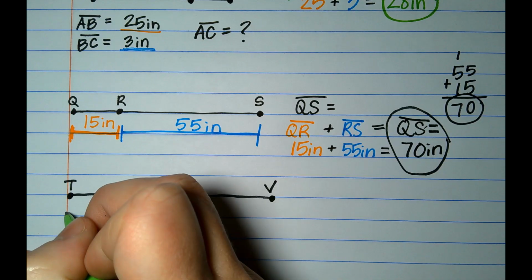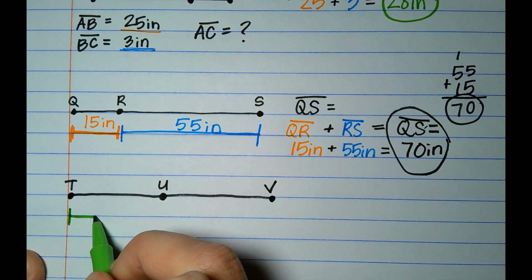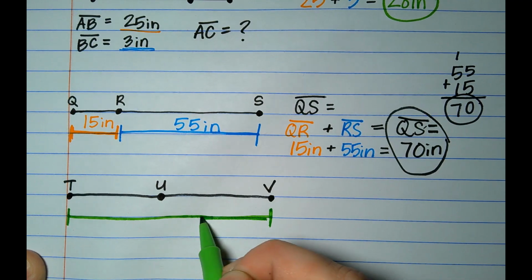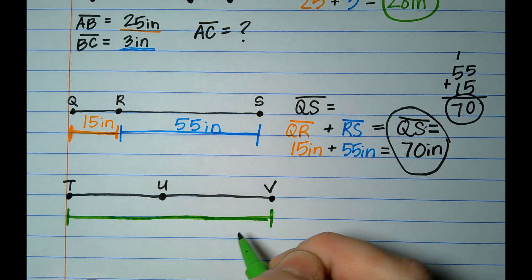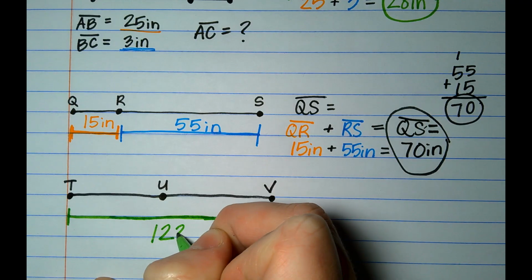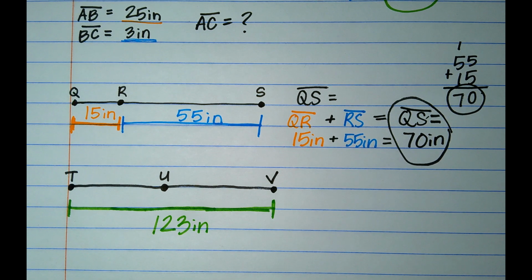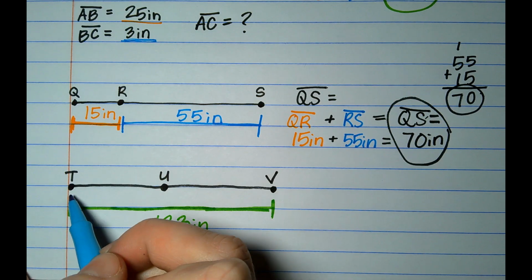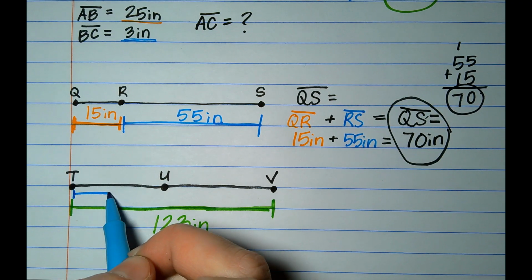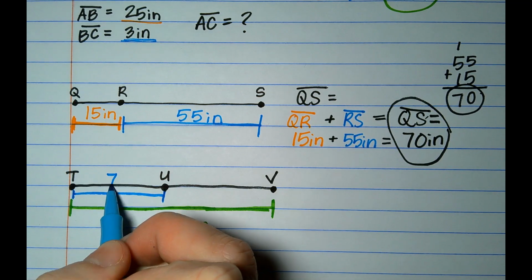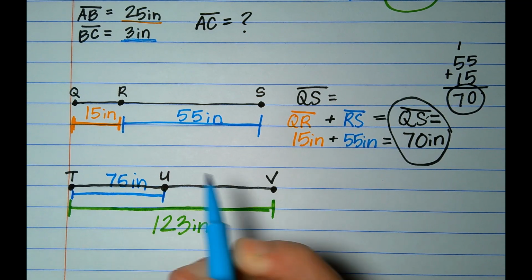This time I know from T to V, I have 123 inches. T to U, I have, I don't know, 75 inches.